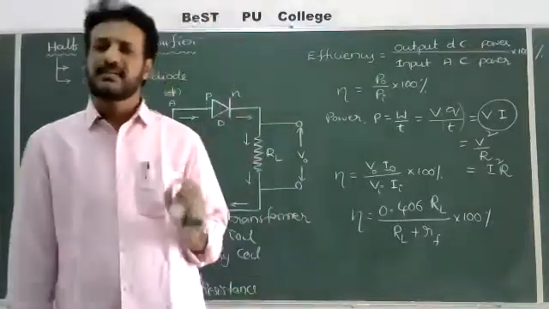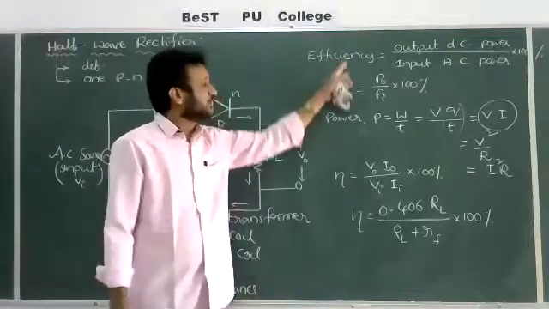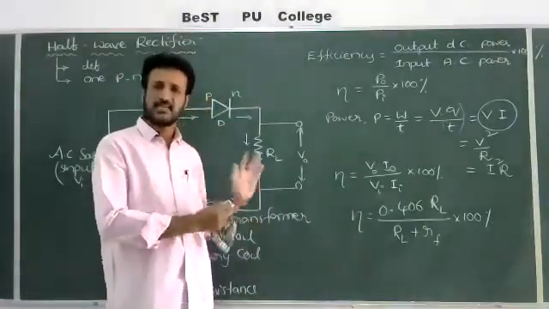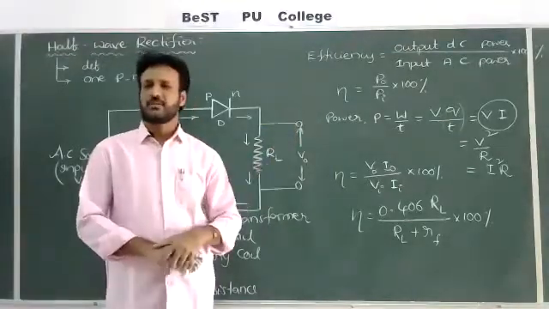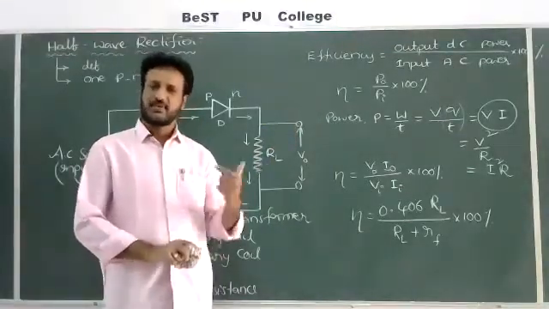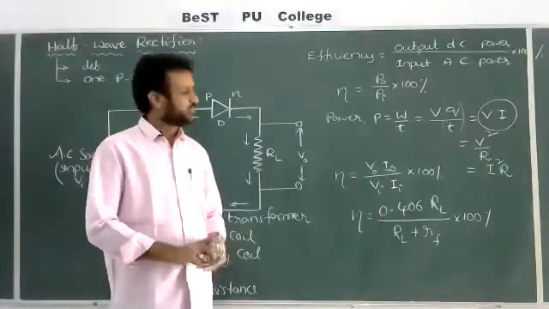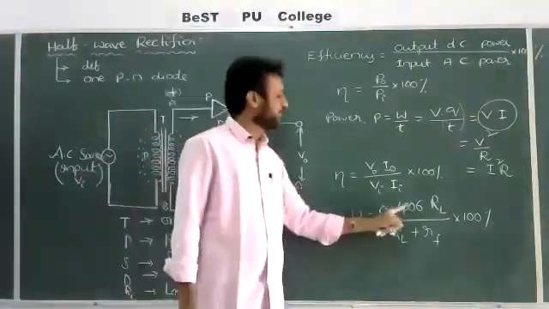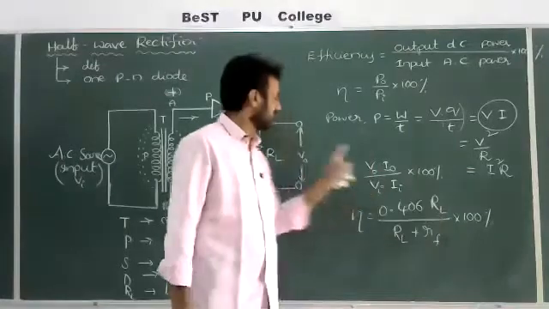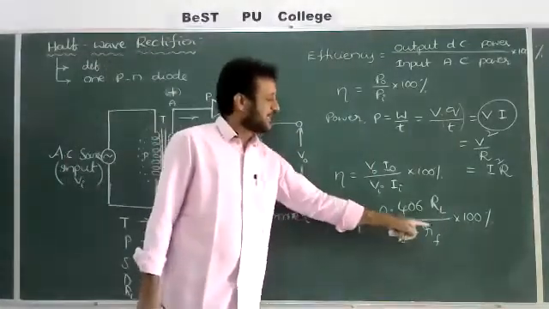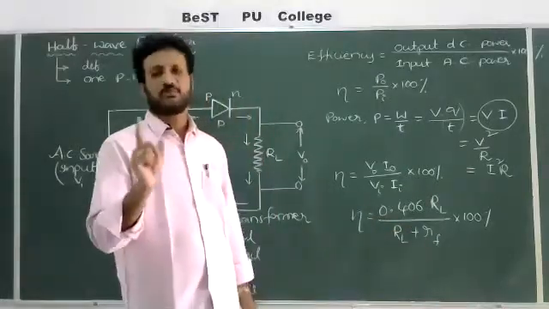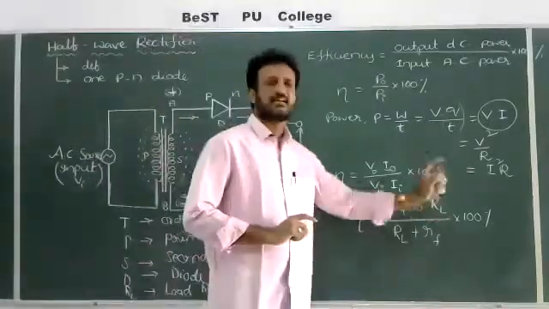Only for competitive exams can we use this formula. In the previous discussion, the circuit diagram, explanation and the input and output waveforms are enough. So efficiency is equal to 0.406 into load resistance RL, divided by RL plus the resistance of the diode in forward bias, RF, into 100.